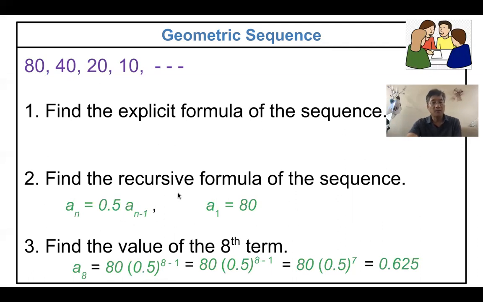And the recursive formula is a n equals 0.5 times the previous term, a n minus 1, and a1 is 80. So a is the term. I forgot to write that down here. This is an explicit formula. Instead of n, you plug in 8 and then simplify, and you get 0.625. Does everybody understand? Okay, we'll stop here.